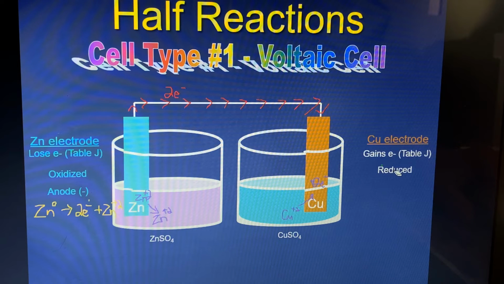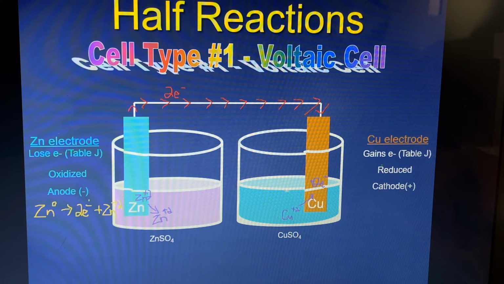Because it's reduced, it's going to be the cathode. And the thing that's unique is that the cathode in a voltaic cell is the positive terminal. You can't figure out the positive by the charges of electrons. It doesn't make sense there. Now we have to write our half reaction over here for what's happening with the copper.